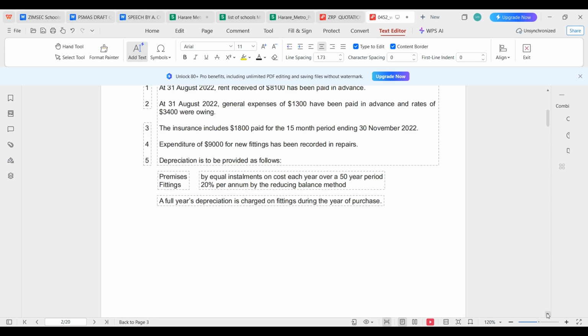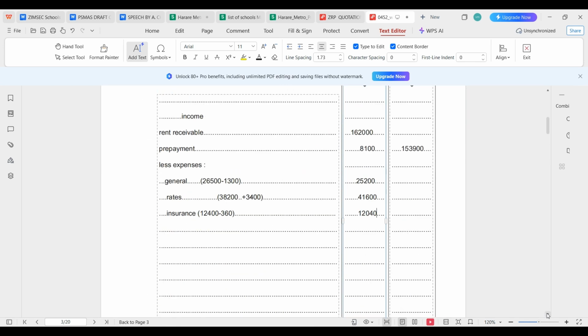So we're going to come down there and say 32,000 minus 9,000. That is your repairs there. Your repairs is basically going to be 32,000 minus the 9,000 that was mistakenly recorded there, which is supposed to go to our fittings.